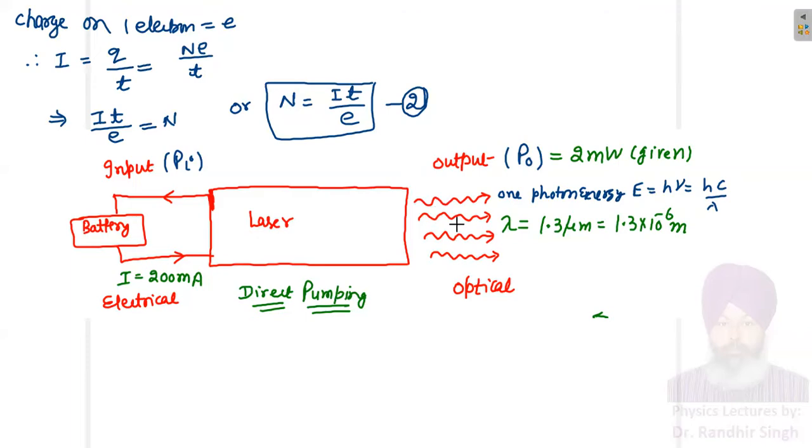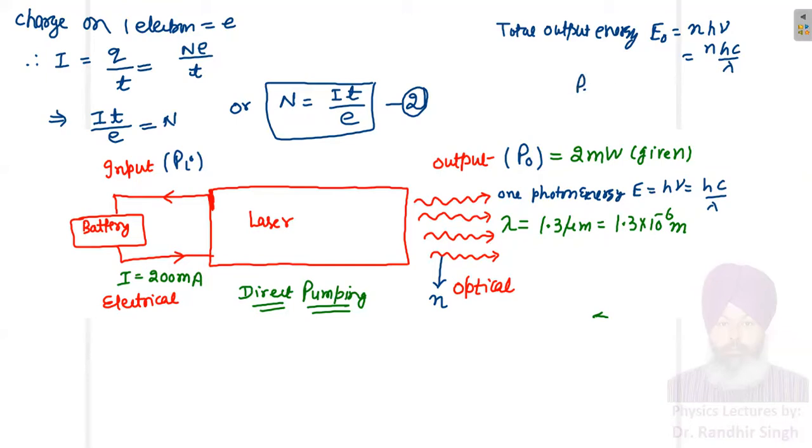The total number of photons emitted from the laser in time t, we have assumed to be small n. So the total output energy E0 will be the energy of one photon multiplied by small n, so that will be equal to nhc by lambda.